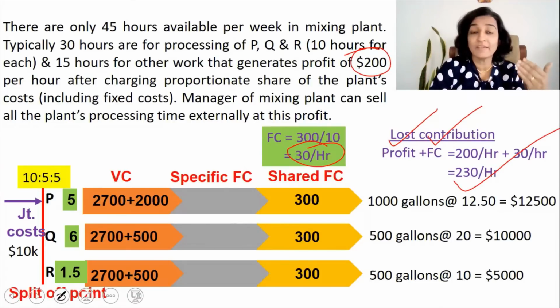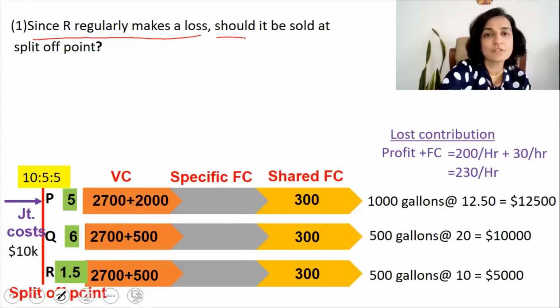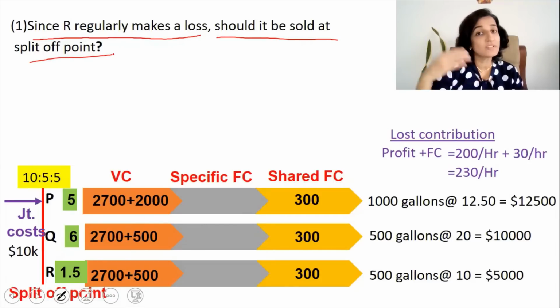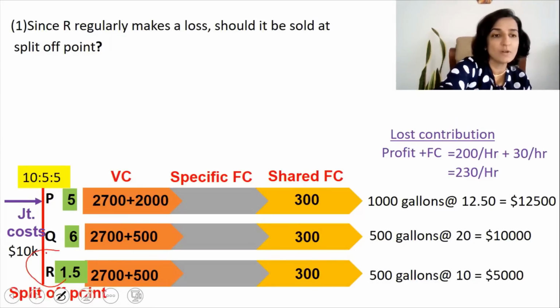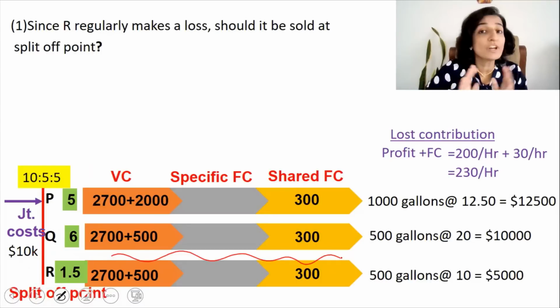Now we will see what they have asked in the first part of the question. Since R regularly makes a loss, should it be sold at split-off point? So we saw in the income statement that R was making a loss. So the question that has been asked is, should R be sold at split-off point or should R be further processed? So what did we learn in the previous class regarding further processing decisions?